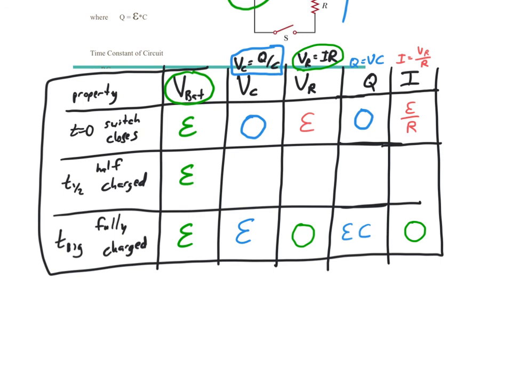Last row. For our last row, we already know what the charge is, because I said it. It's half charged, and we already know what the fully charged is. So I'm going to take my fully charged and divide that by 2.